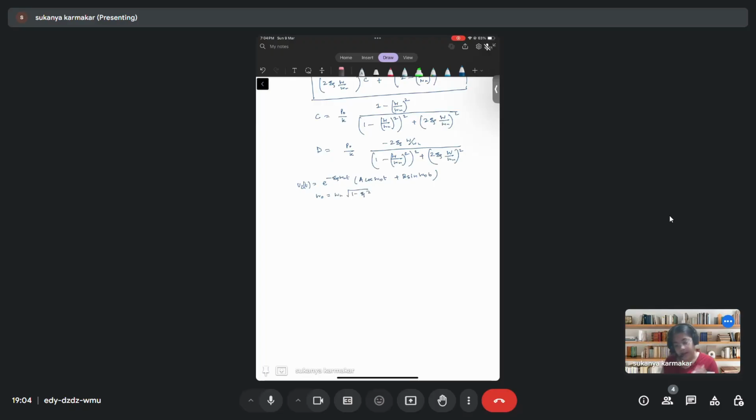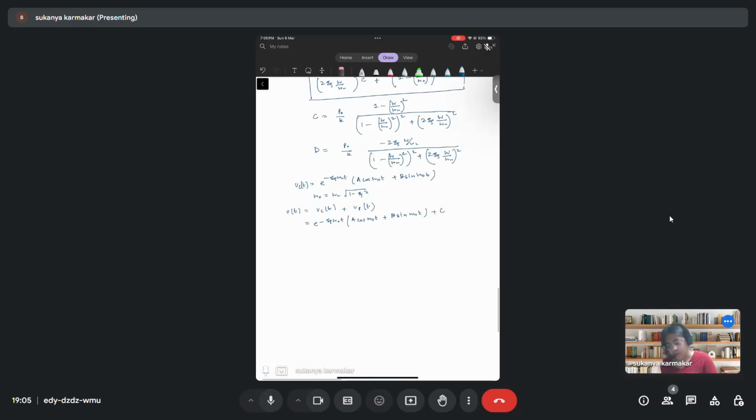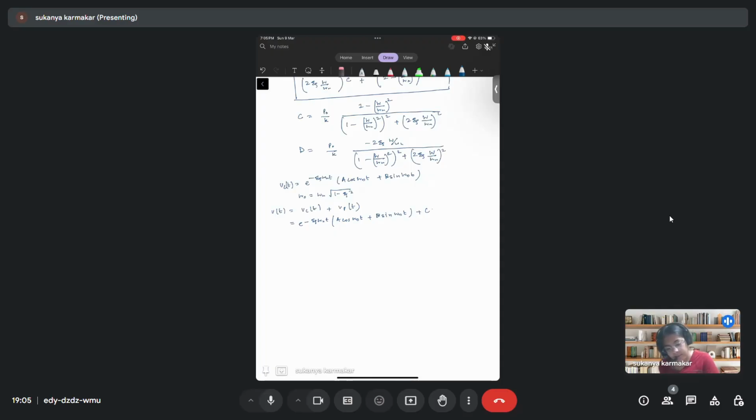So your complete solution is of the form complementary solution plus particular solution. The complementary solution is this part, a cos of omega d t plus b sine of omega d t, plus you will have a steady state part.